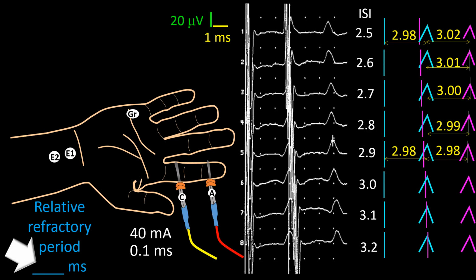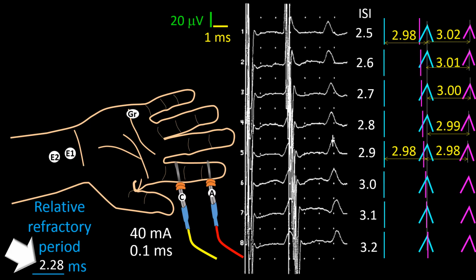So, in this case, the duration of the relative refractory period obtained by subtracting the duration of the absolute refractory period from the number at the end of the relative refractory period was 2.28.